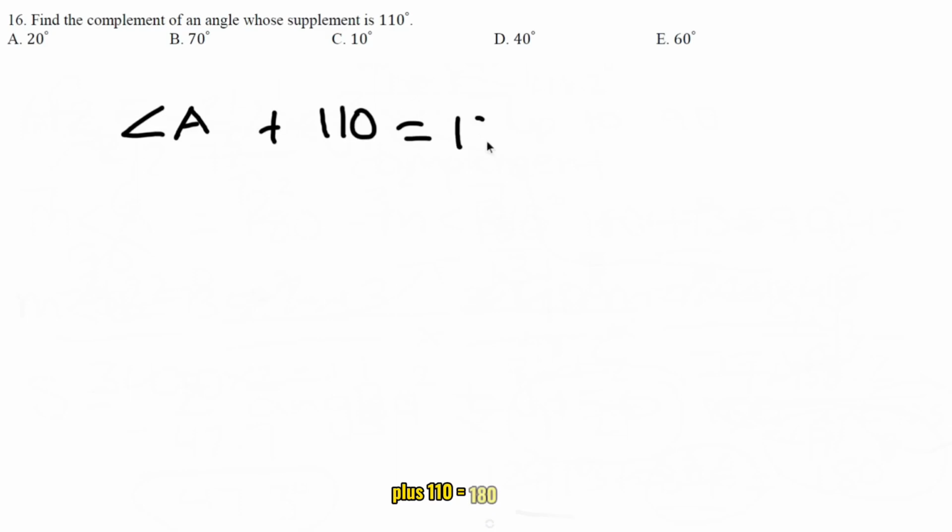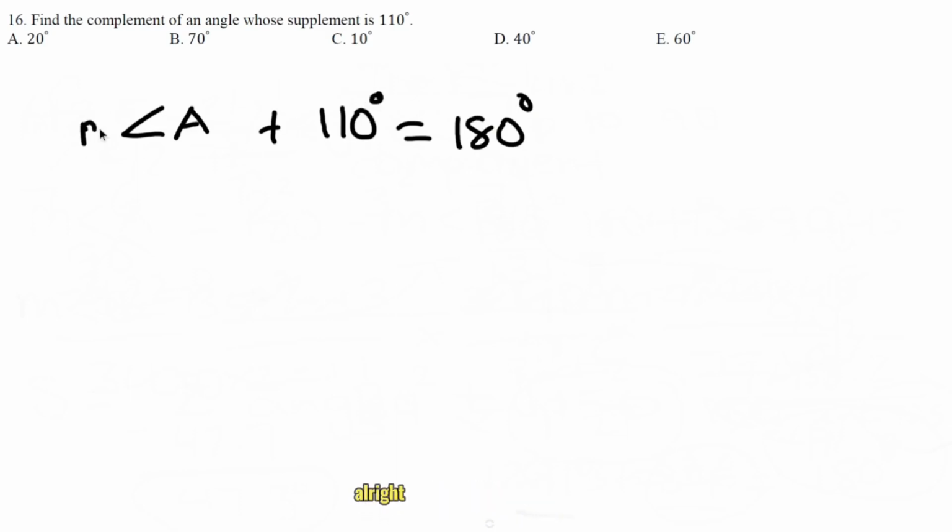Next, find the complement of an angle whose supplement is 110 degrees. Alright, so the supplement of an angle is 110 degrees. So let's write this as the angle plus 110 equals 180 degrees.